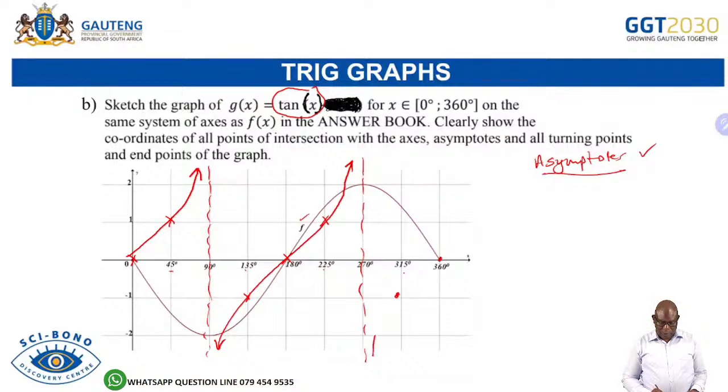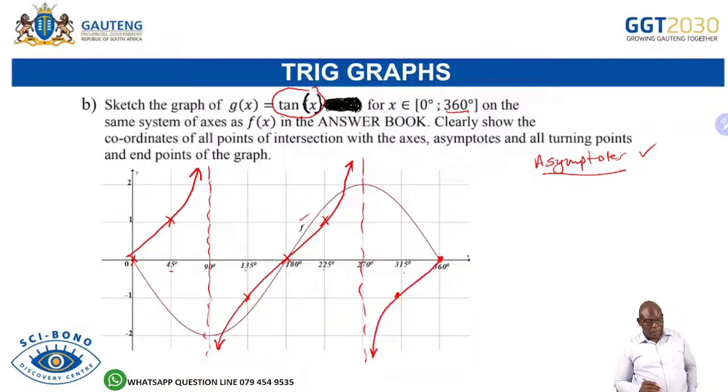So this graph will start this side and go there, and then there it stops because we are drawing it up to 360. So if you put an arrow on this graph here, you're going to get a 0 for the endpoint. The shape of the graph, you're going to get a mark for the shape. Even the previous graphs, you get a mark for the shape.